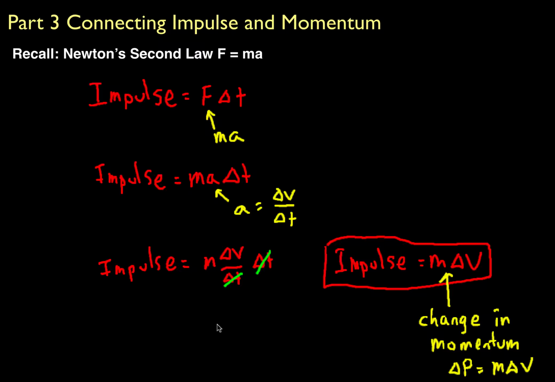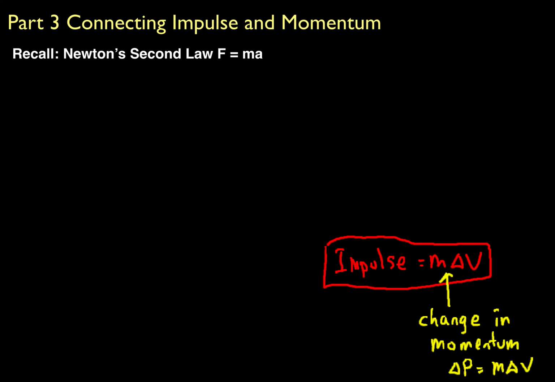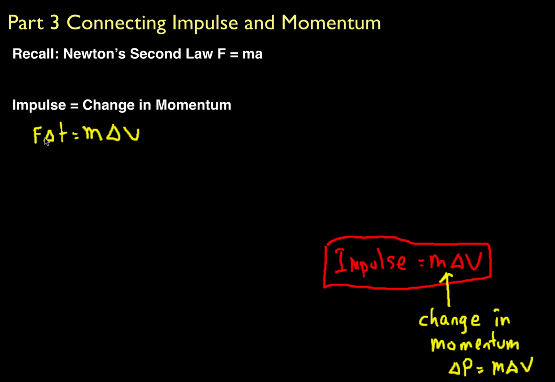What this tells us is a really important thing about physics. Impulse is equal to the change in momentum. The way we would write this out is F delta t equals m delta v. Impulse, F delta t, change in momentum, m delta v.